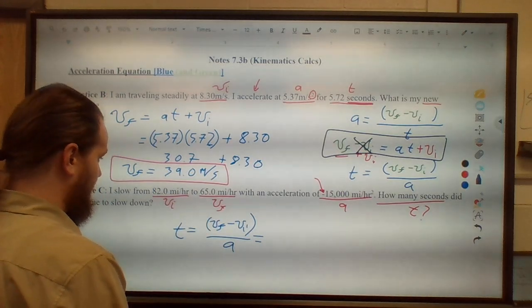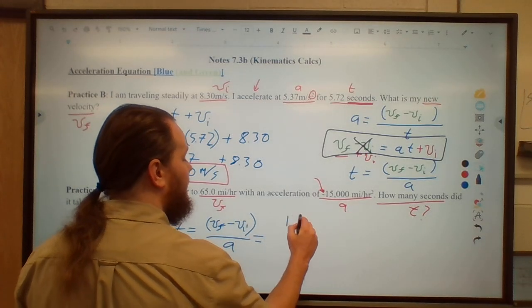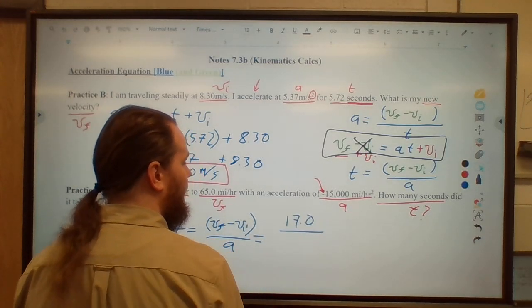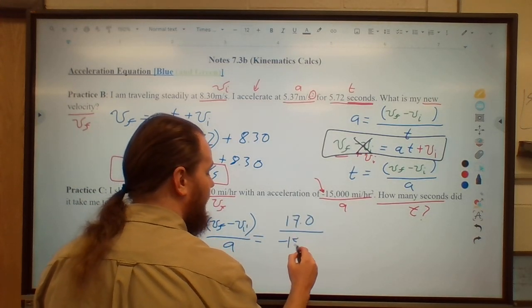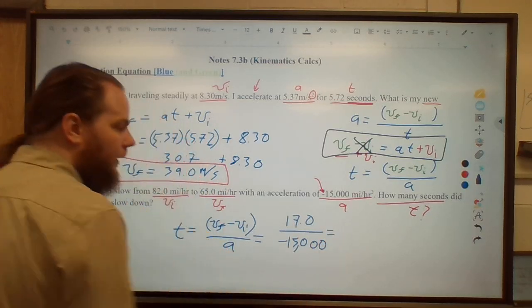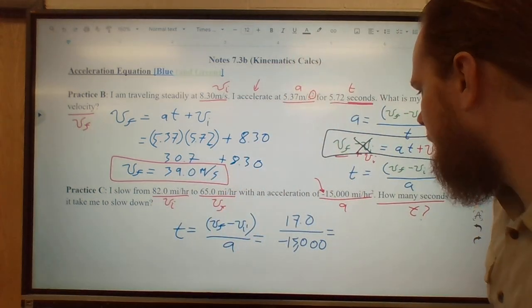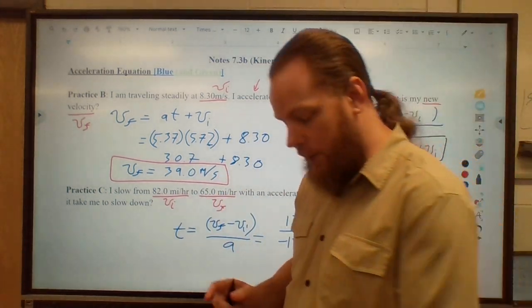That is 17. So that's 17.0 divided by negative 15,000. Okay. Some of you are going, hey, this is going to be a really, really weird number. Yes, we'll get to that in a second.